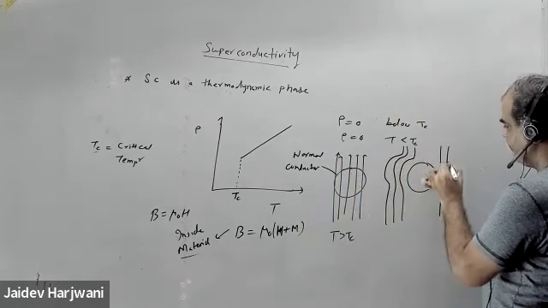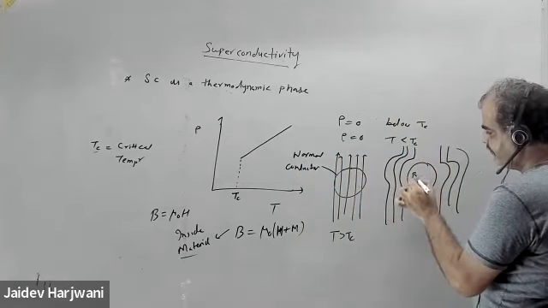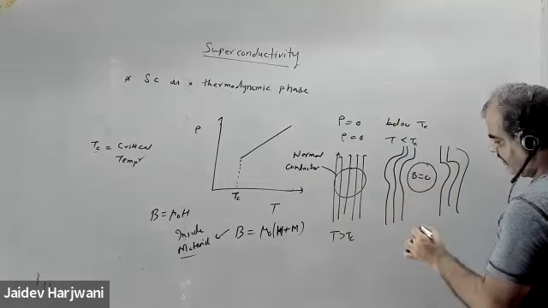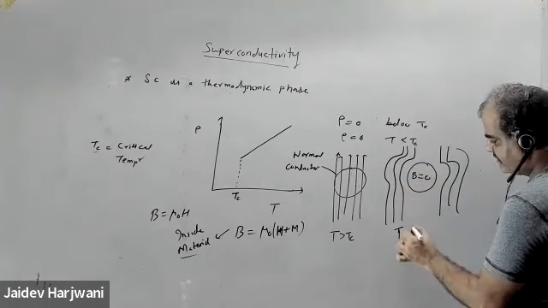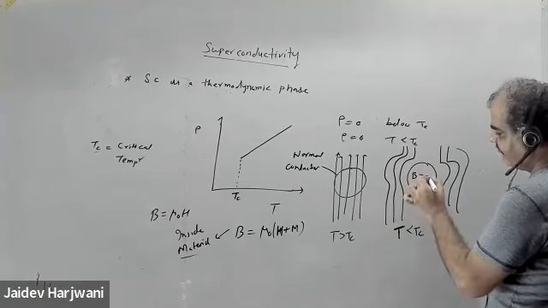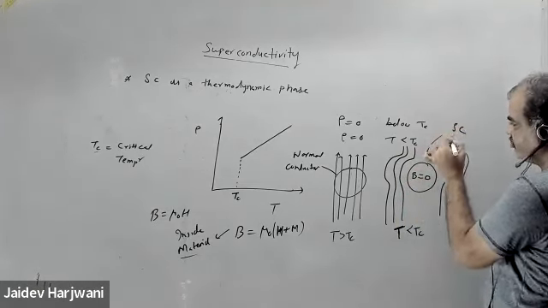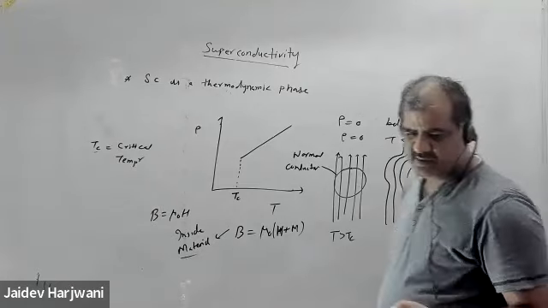So inside, B is zero. When T is less than TC, there is no magnetic field inside a superconductor. If it shows this kind of property, then it is called a superconductor.